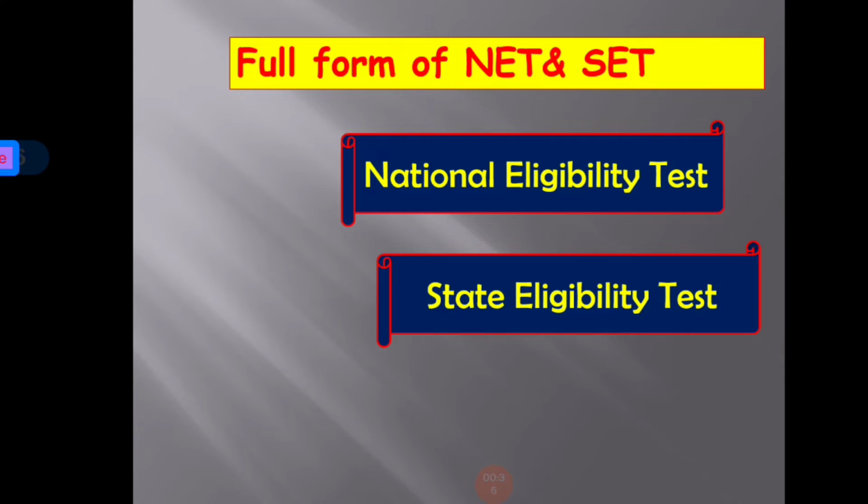It is also an eligibility test for candidates aspiring for a teaching career in higher education in a particular state only, and that is the basic difference between the National Eligibility Test, or NET, and SET, the State Eligibility Test. So now move on to the next.